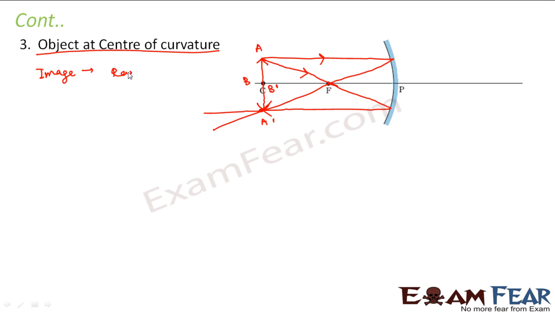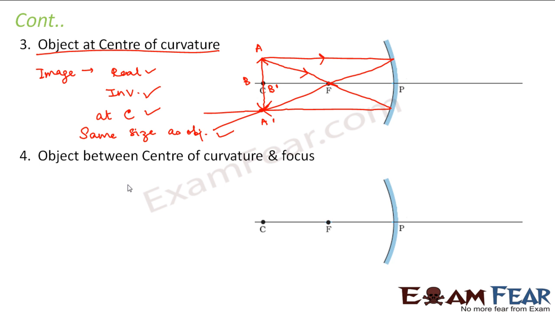The image is real. The image is inverted. Now the location of the image is at center of curvature. Size of the image: same size as object. So it is neither diminished nor enlarged. Right?